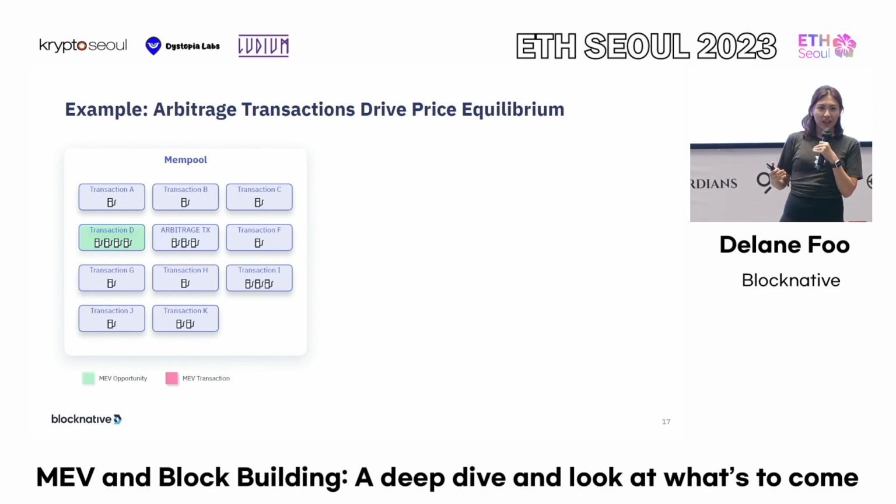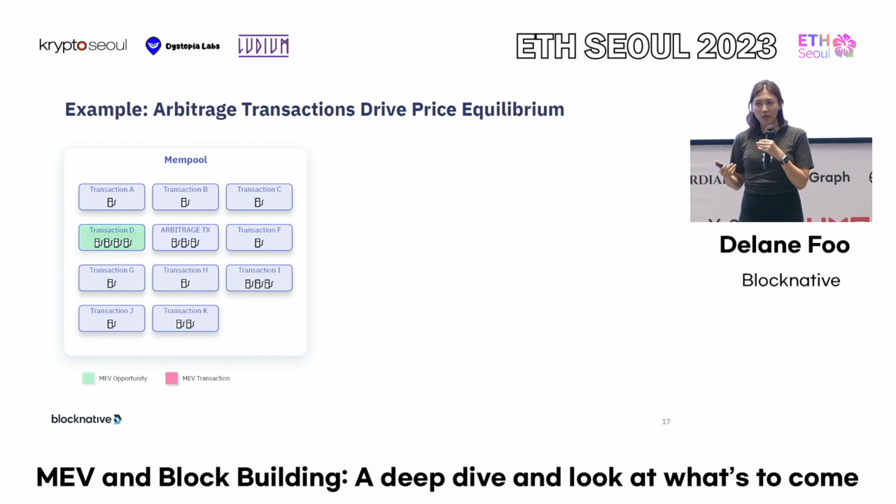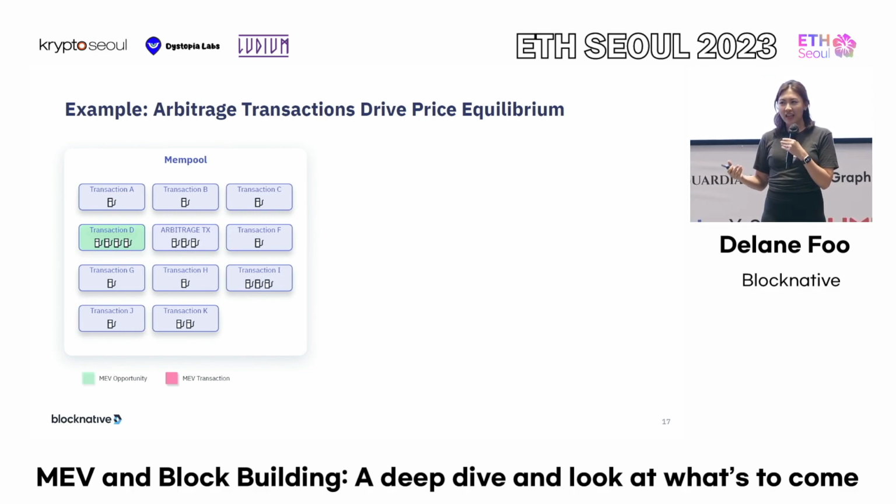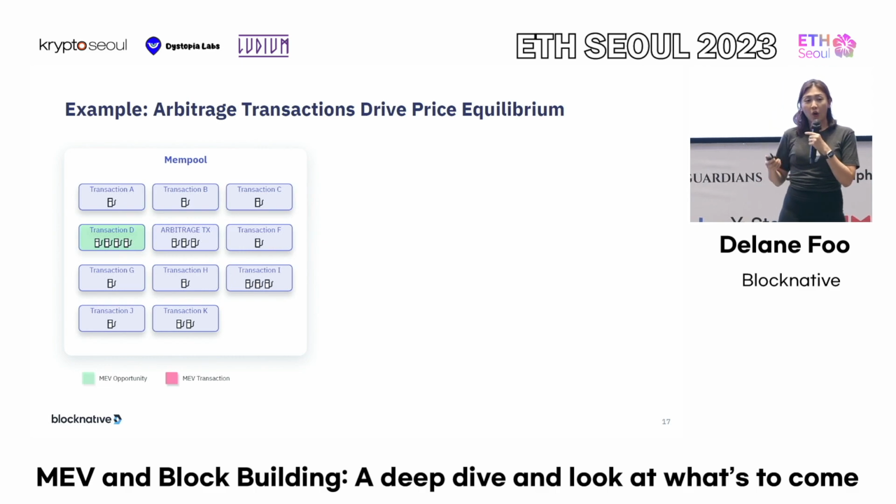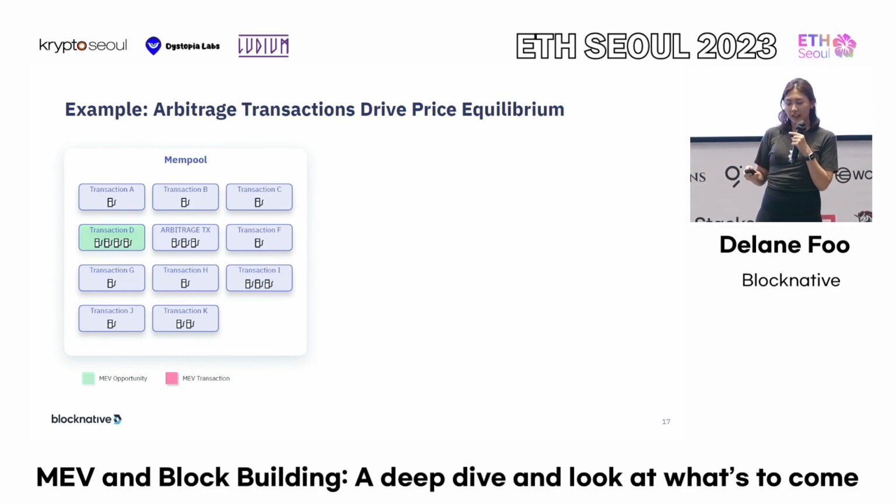As a result, there's a price differential between two exchanges. What this means is that it sets up an opportunity for an actor to come in and insert a transaction to neutralize or balance that difference, normalize prices, and earn some ETH as a result of their work done.